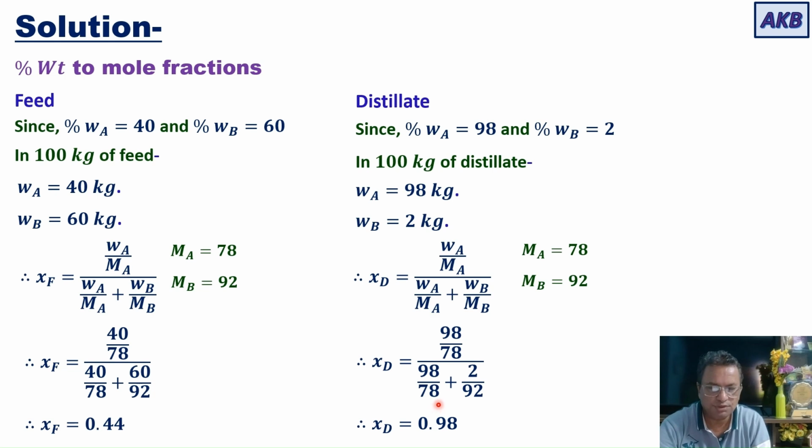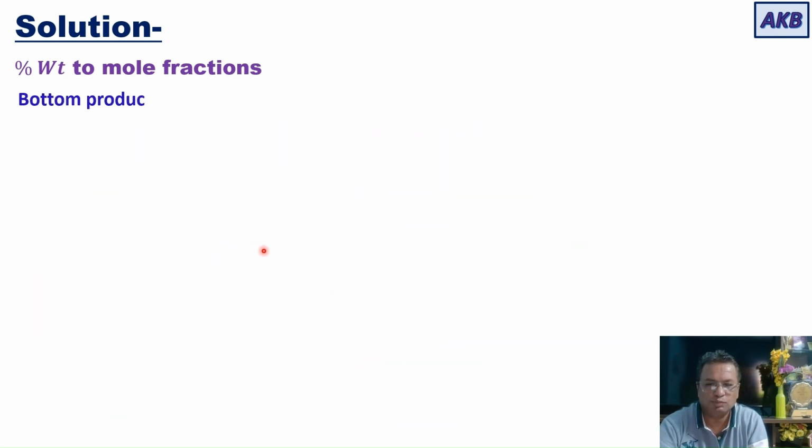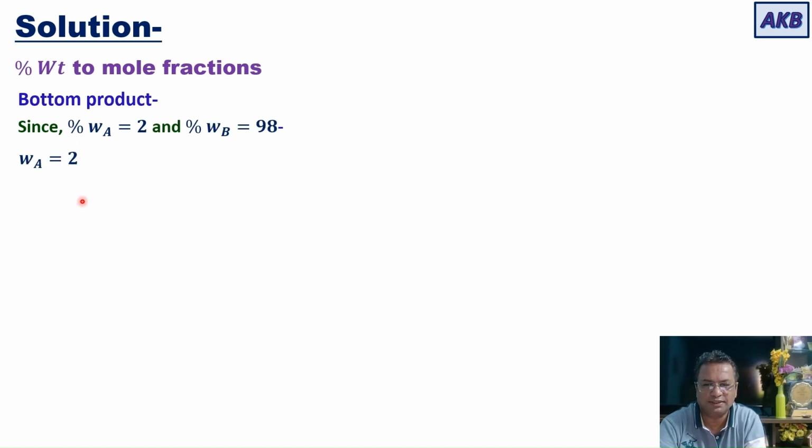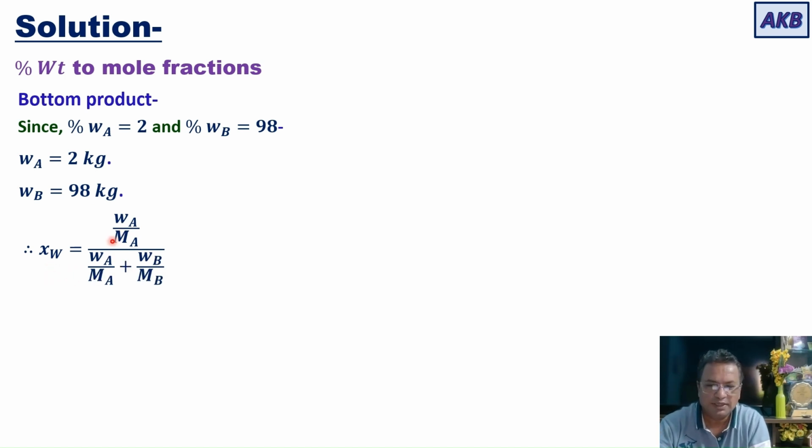Now we need to do a similar conversion for the bottom product. For the bottom product, the composition is percent weight of A as 2 and percent weight of B as 98. So in 100 kg of bottom product, there will be 2 kg of A and 98 kg of B. That gives us XW, which is the mole fraction of A in the bottom product, as WA upon MA divided by WA upon MA plus WB upon MB, where MA is 78 and MB is 92.